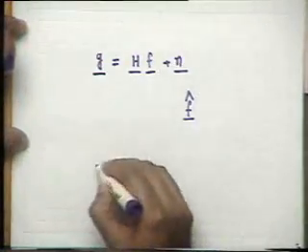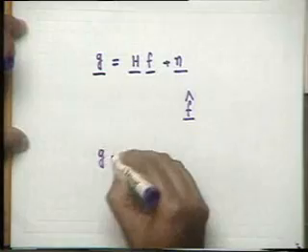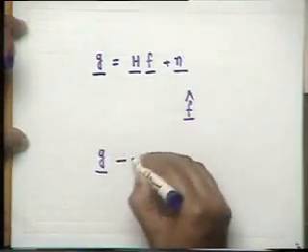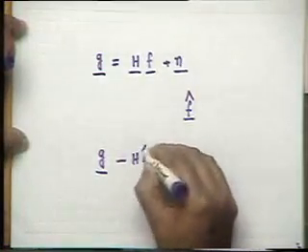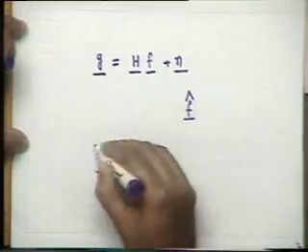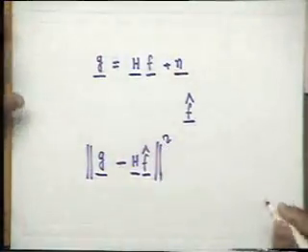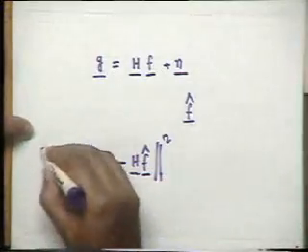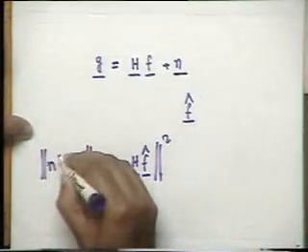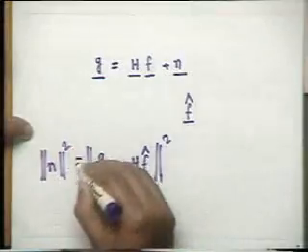So we had considered the minimization of this form, the norm of G minus H F hat, squared, which we had equated to a noise term N.